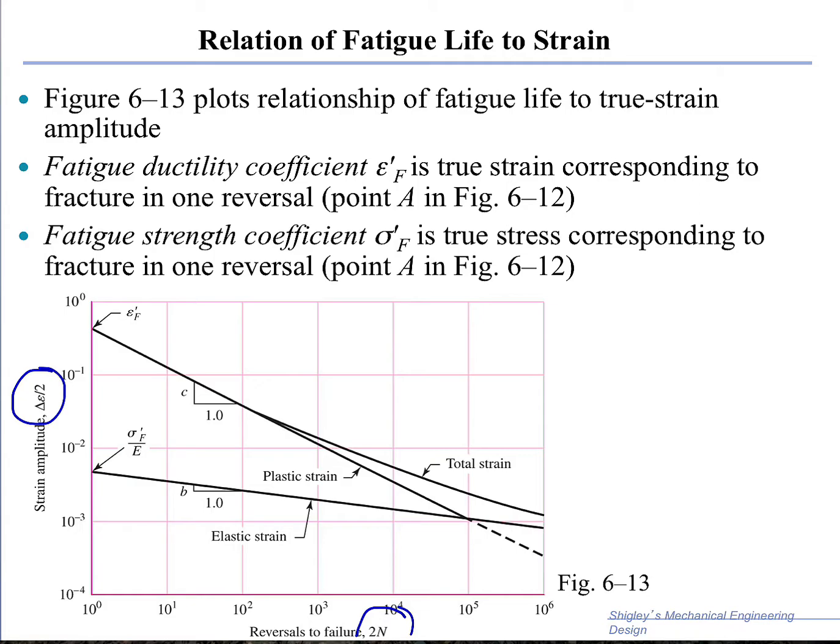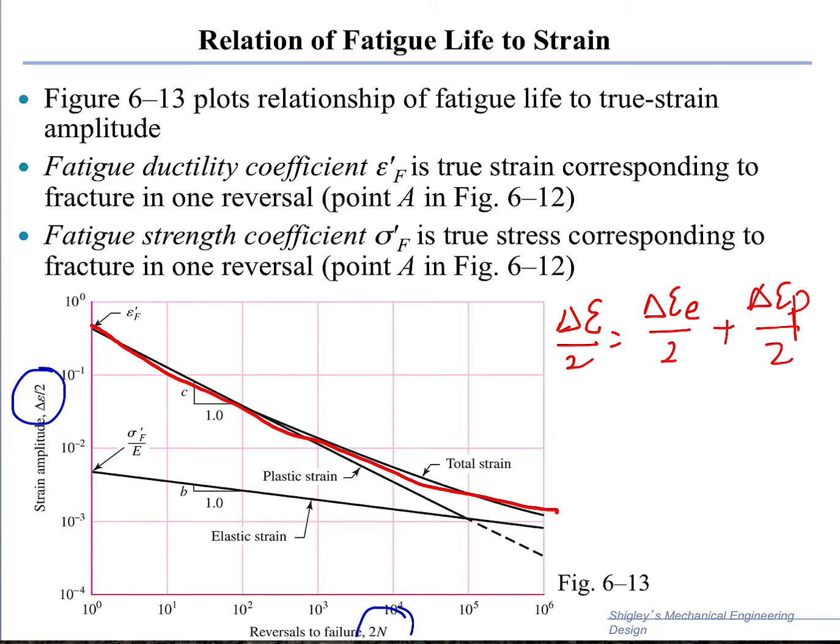And the total relationship between the two is this line here, the red line. So this is total. And we're going to decompose this relationship into two parts, as we mentioned. Delta epsilon over 2 is equal to delta epsilon elastic over 2 plus delta epsilon plastic over 2.